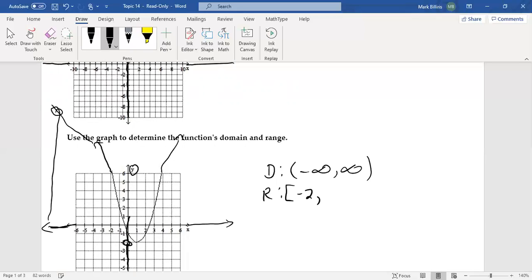As we keep moving up, the graph keeps getting higher and higher and doesn't stop going up, so it goes to infinity. So the lowest point on our graph is -2, and the highest point is infinity. What's the point furthest left? Negative infinity. The point furthest right? Positive infinity.